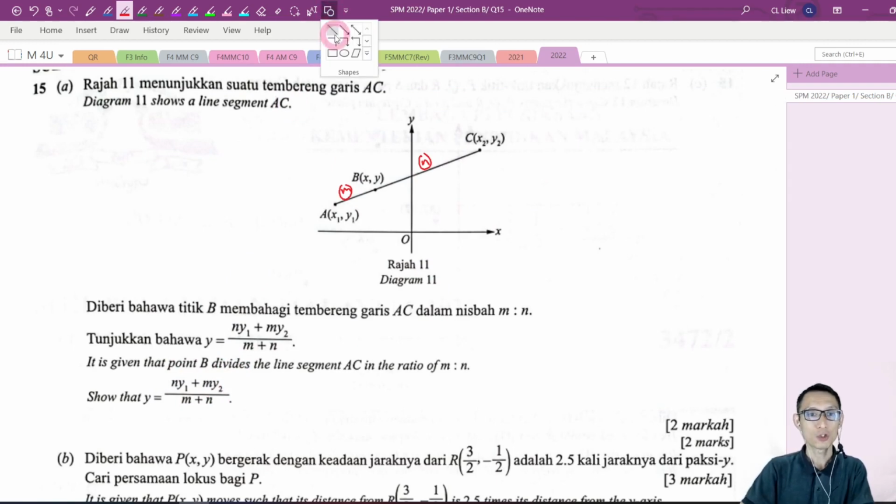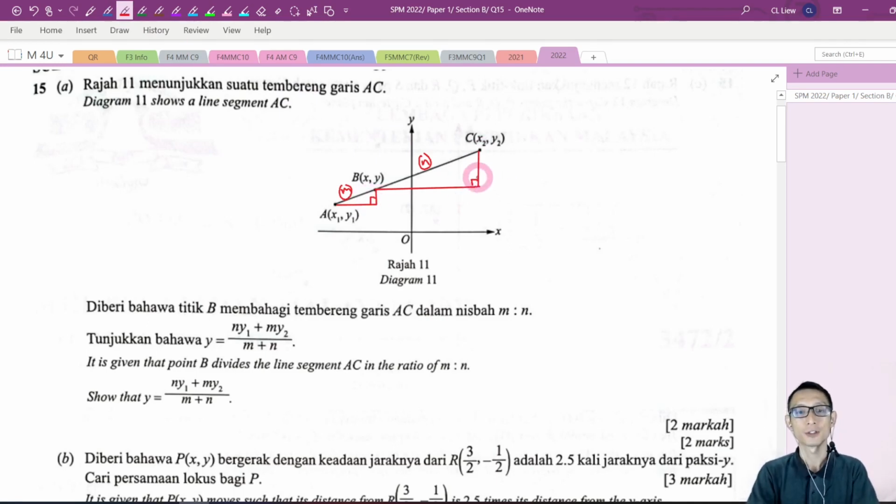Now let me draw two triangles first. These two triangles, they are similar triangles. Now since I want to show only the y coordinate part, I will look at the vertical distance.